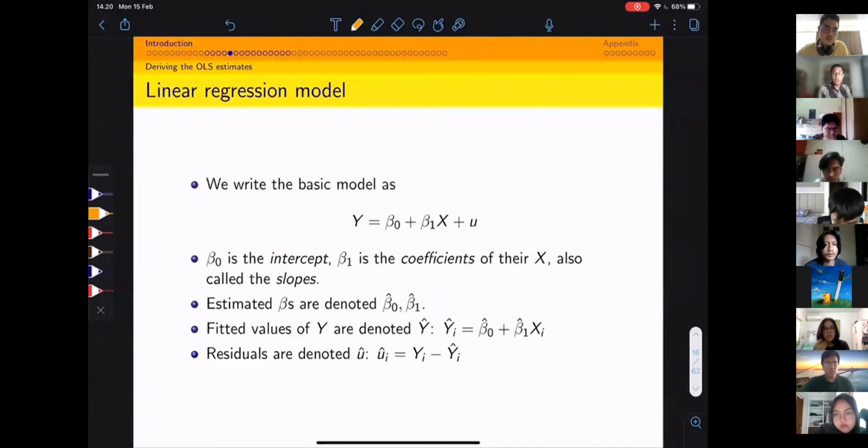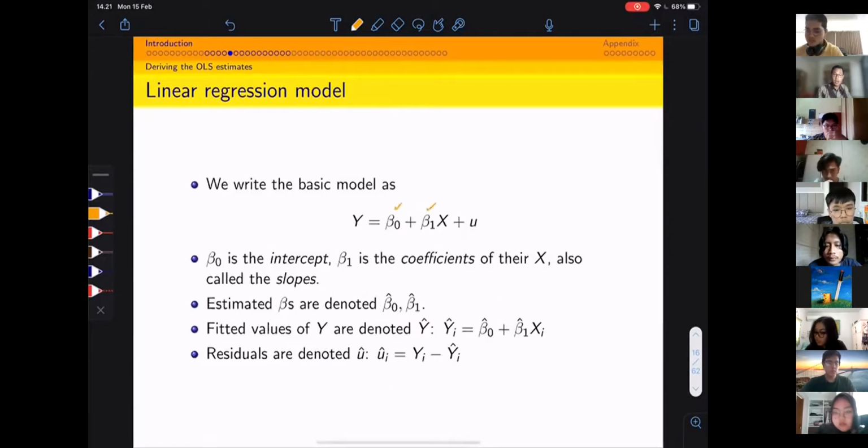So now let's get into the technical detail. Again, we write the basic model, which is the population regression function. In this particular slide, we're going to differentiate between parameters as well as statistics. Now, we know that beta 0 is the intercept.